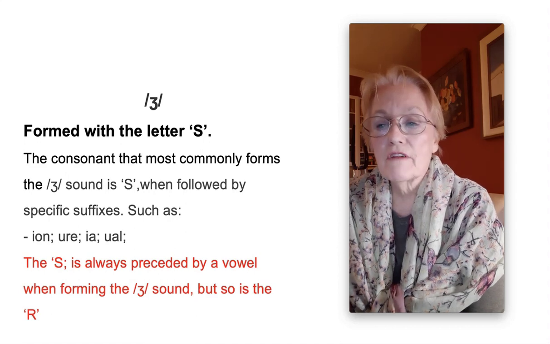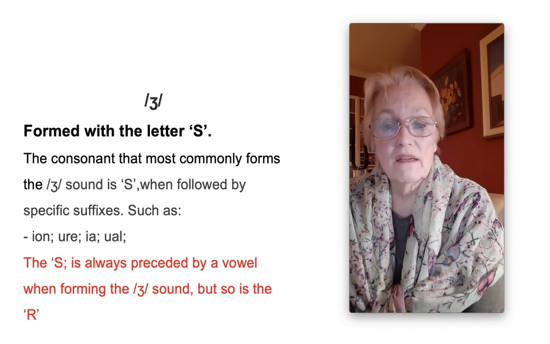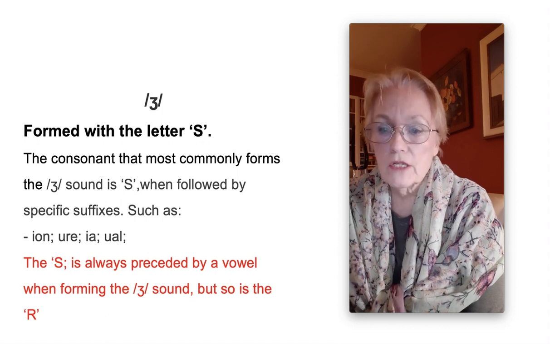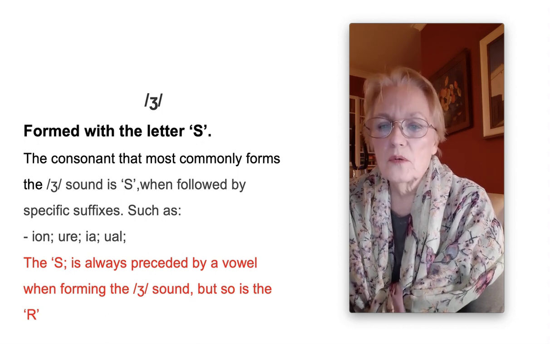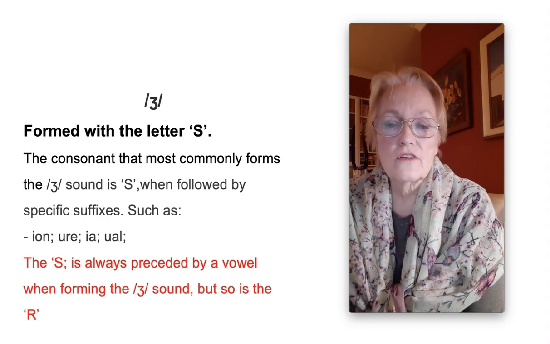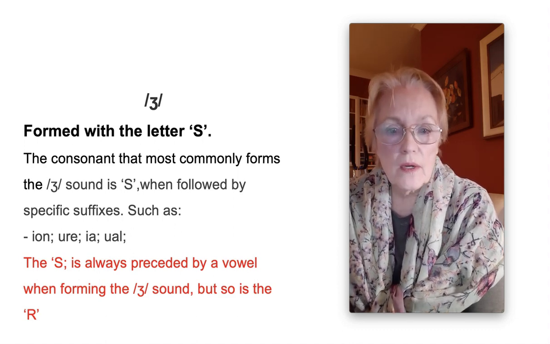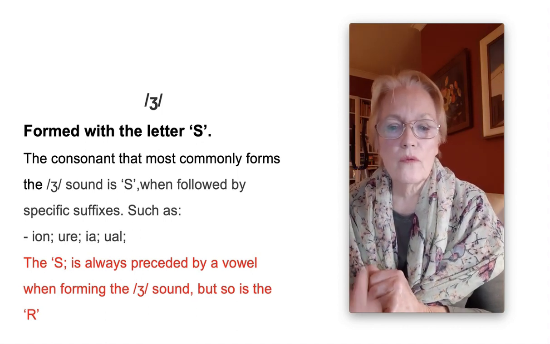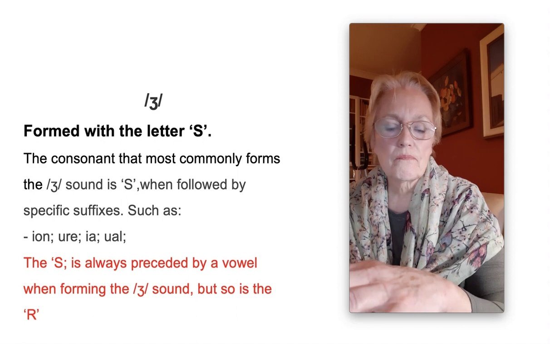So you put an S in front of all of those, and those will be suffixes that are used to make this sound. The S is always preceded by a vowel when forming the j sound, but also so is the R. So you need a vowel before these S-I-O-N sounds, or S-U-R-E, etc., except the R as well. You're allowed the R. So just vowels and the R before the S. Okay, good.